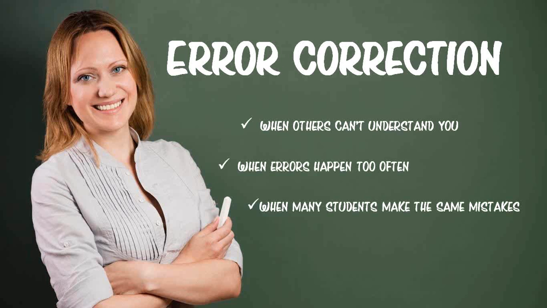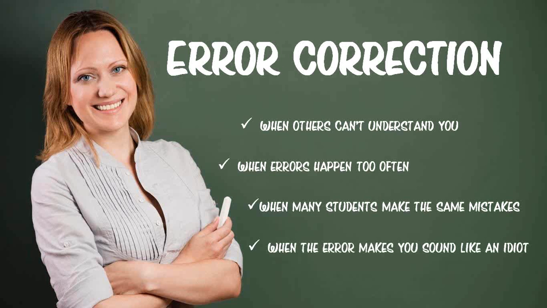Another instance is when many students make the same mistake. Now, this might suggest that, for example, something was explained inadequately. Students might not have understood a given subject area properly, etc. So this should be indicative of some problem basically existing, and this is when teachers might want to correct mistakes.